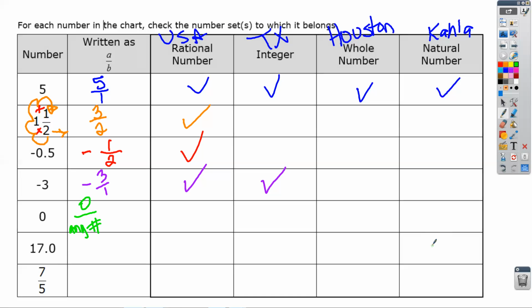If I held up 3 markers in front of them, they're going to start counting at 1, not 0. So therefore, 0 is not natural. 0 does show up, however, in the whole numbers. And if it's a whole number, it's also an integer. And if it's an integer, it's also rational. Because if I reference back up here to the top, if I'm in Houston, I'm also in Texas, and I'm also in the United States.